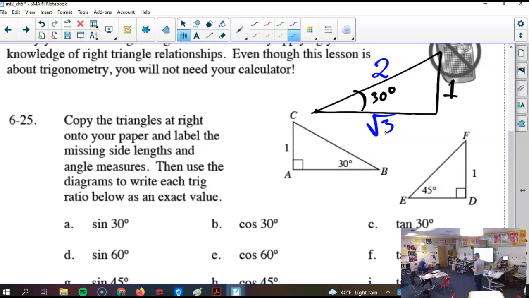So it's approximately 1.7, right? Keep that in your mind because we always want to make sure the hypotenuse is the longest, so we put things in the right place. For our 45, what's the hypotenuse there? It's radical 2, because it's radical 2 times the side, 1.